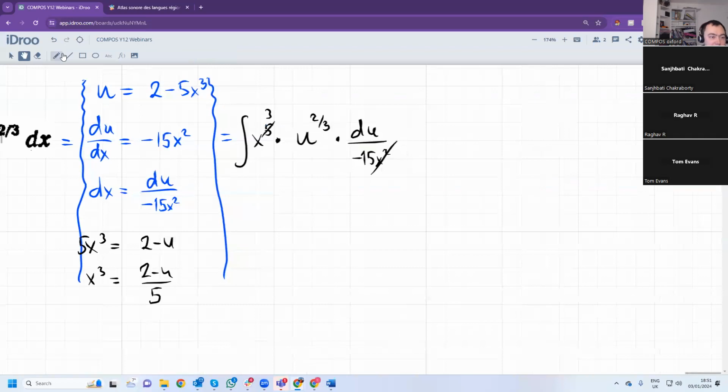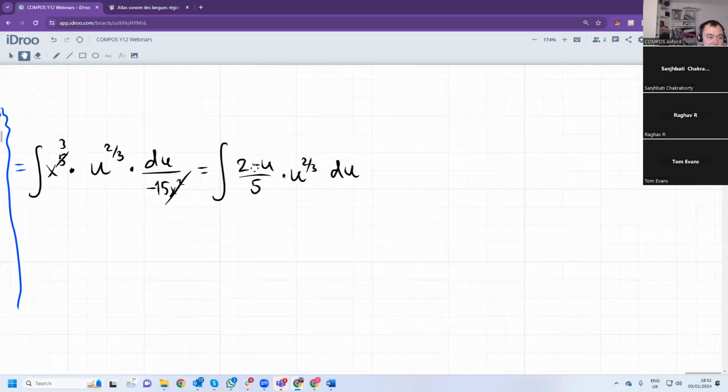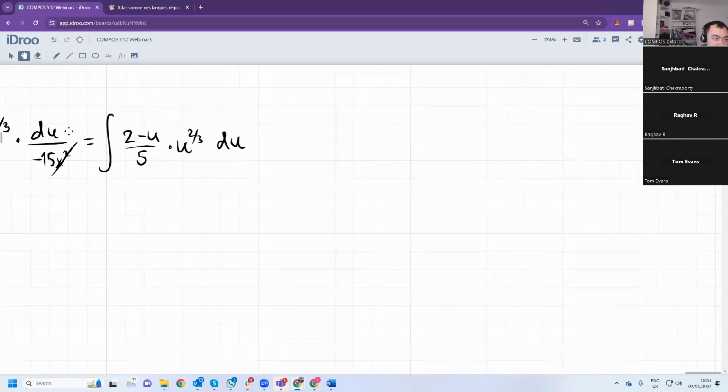That's much more pleasant. The integral of 2 minus u divided by 5 multiplied by u to the power 2/3 du. My substitution is full because there is no x left, so I am allowed to proceed with the integration.